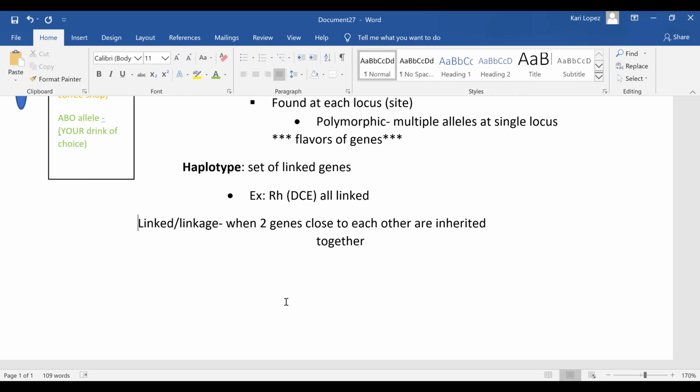Did that one make sense? Instead of getting D from dad and C from dad and then your E from your mom, you get a DCE from dad and a DCE from mom, and then that's your genotype, and then you phenotype whichever ones are dominant.